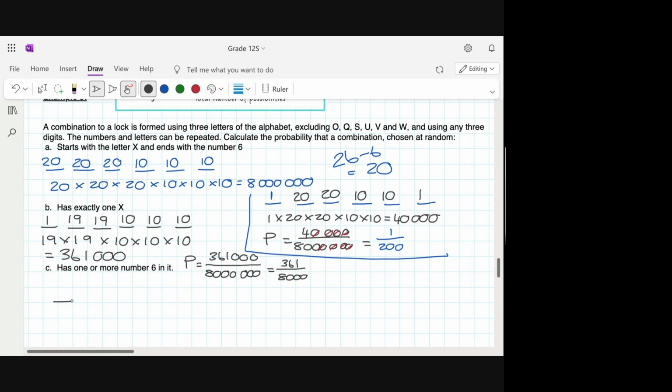Once again, here we're going to have 20, 20, 20. We all good?